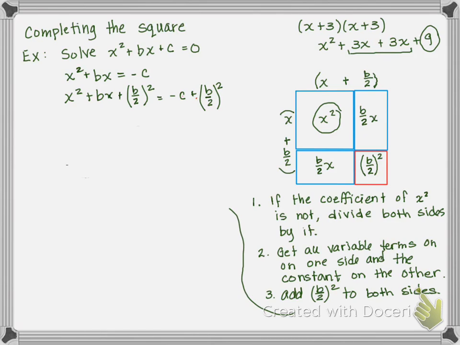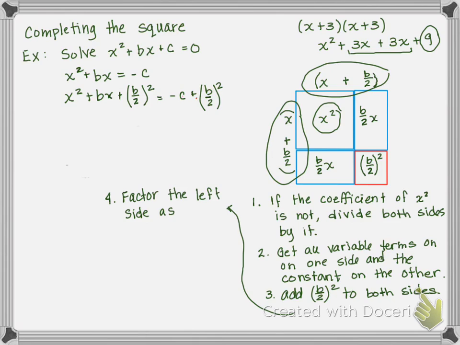We're going to factor the left side. And it turns out it always factors the same, because the entire area of that square is just its length times its width.